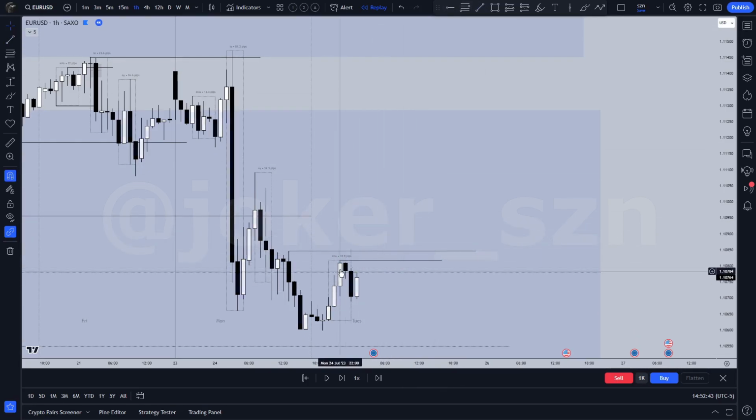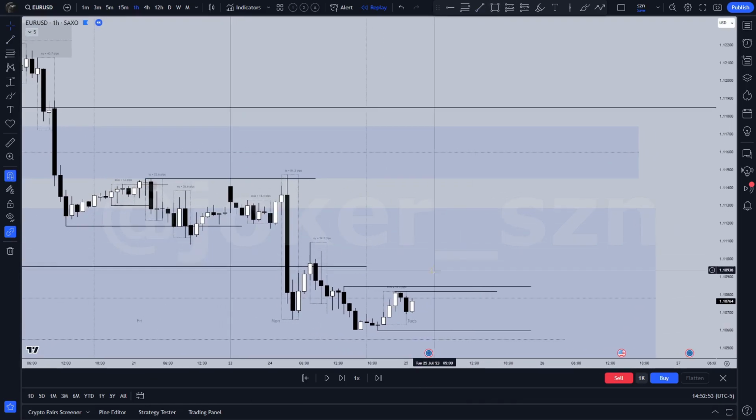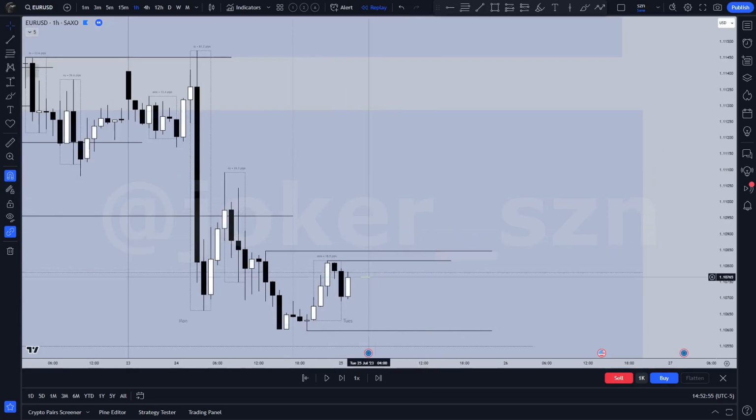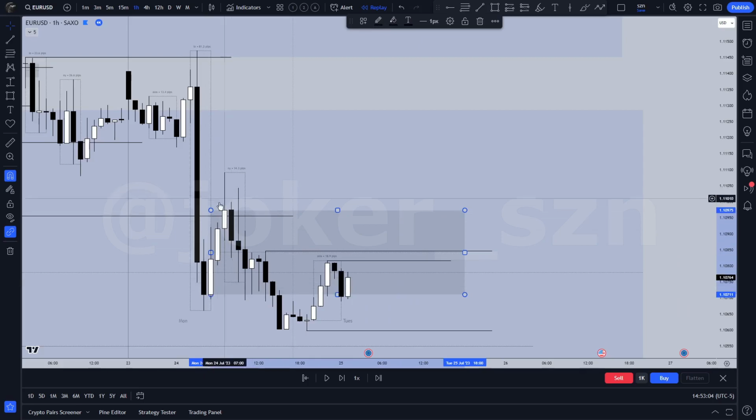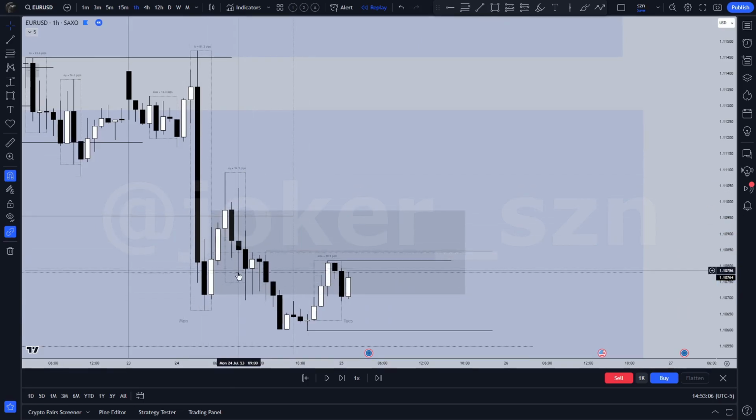So this could be potential turtle soup highs where we trade above and then we see a sell-off during London session. So again, we play the London manipulation, and then we want to see a lower time frame change in order flow.